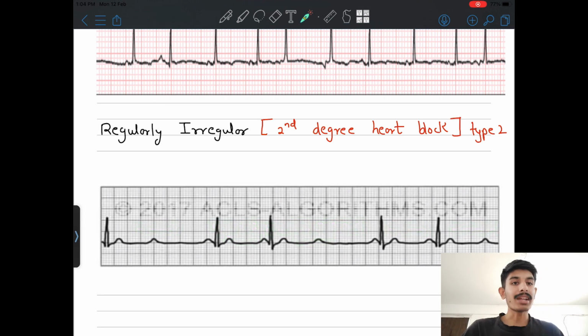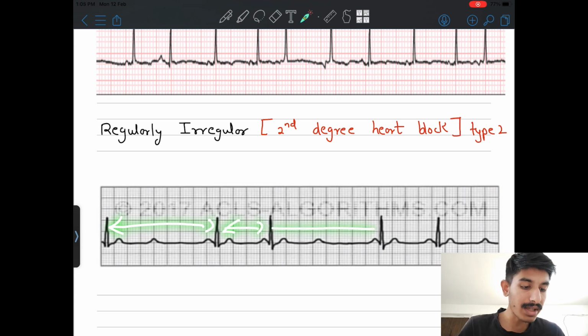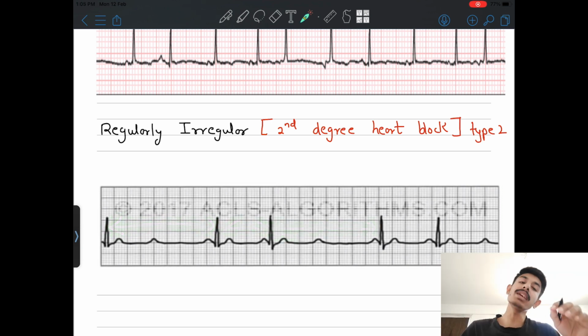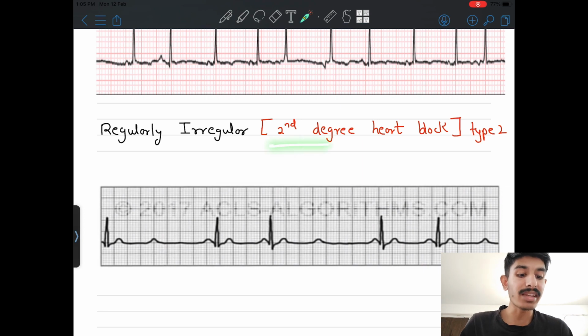So there is some pattern, but it is still irregular, because the normal heart rate must be 60 to 100 beats. Sometimes the gap is bigger, again small, again bigger, and again small. That's why it is regularly irregular, and it is commonly seen in second degree heart block, type 2.